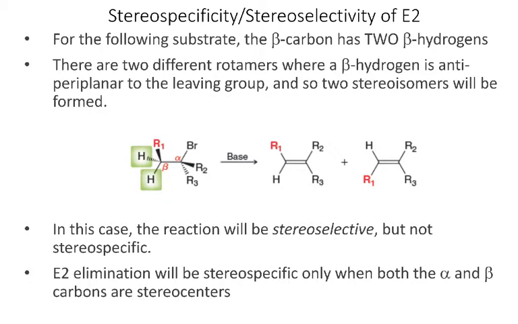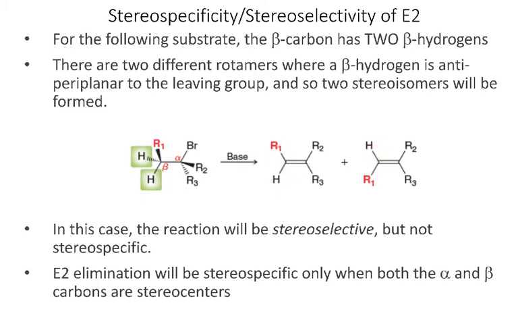All right, so one thing to keep in mind, we only have to worry about this stereospecificity when there's only one beta hydrogen. In this example, I've got two beta hydrogens, and so we can make anti-periplanar transition states where this R1 actually ends up being on both sides. And so in this case, we do get both stereoisomers.